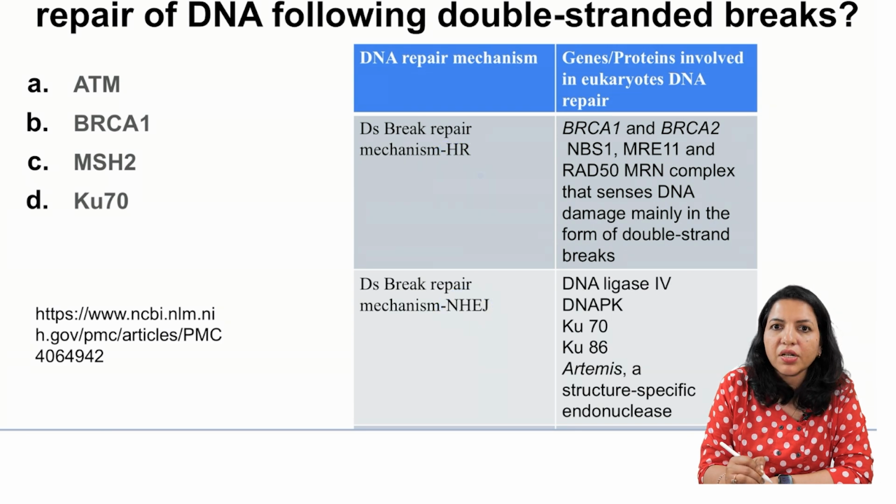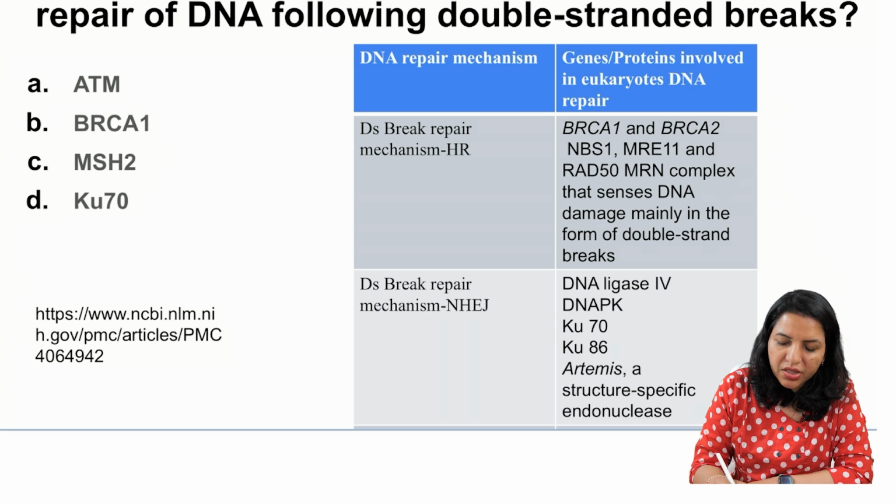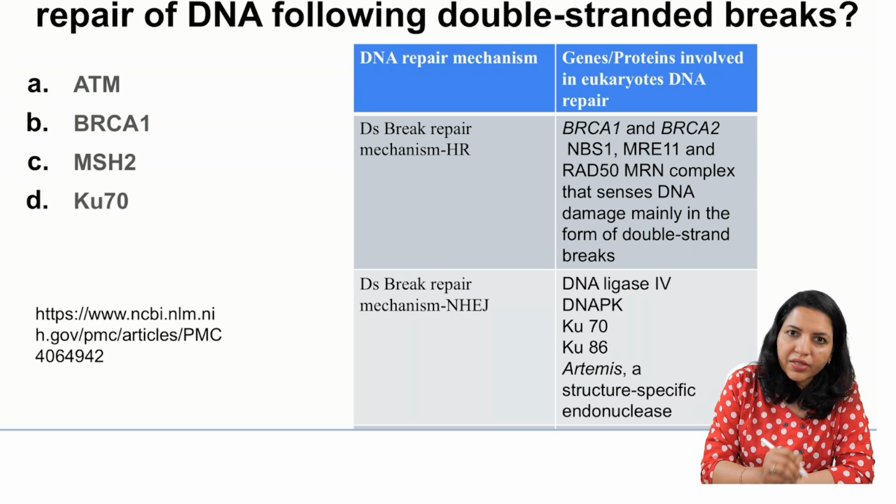In homologous recombination, the proteins involved are BRCA1 and 2, then NBS1, MRE11, RAD50, the MRN complex that senses the DNA damage. So these are the proteins involved. Directly we are not seeing any ATM here, but I will tell what is the importance of ATM later. The question is which is not involved.